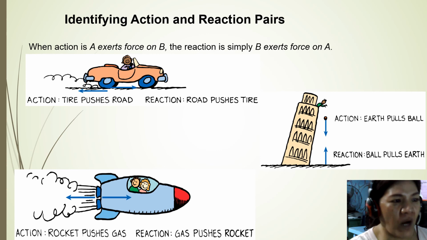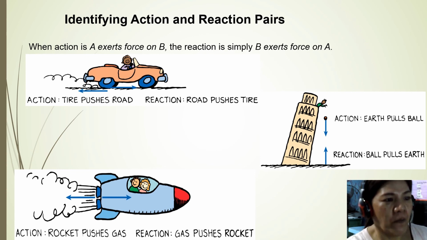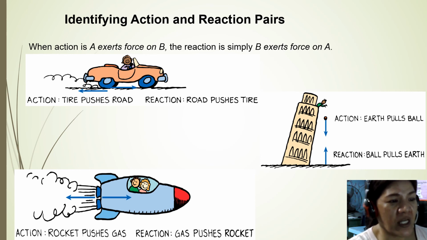Then another one: earth pulls the ball, then the ball pulls the earth. Which one is the action? The action here is earth pulls the ball, and the reaction is the ball pulls the earth. I hope this can help you in identifying action and reaction pairs.